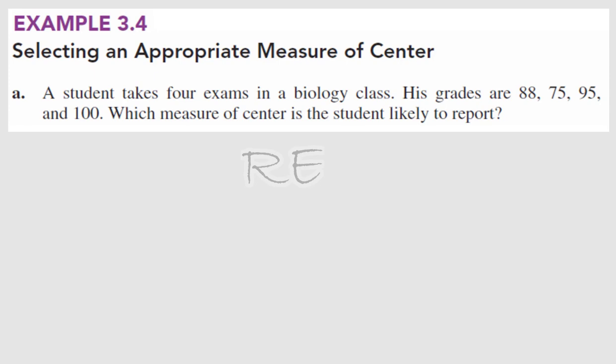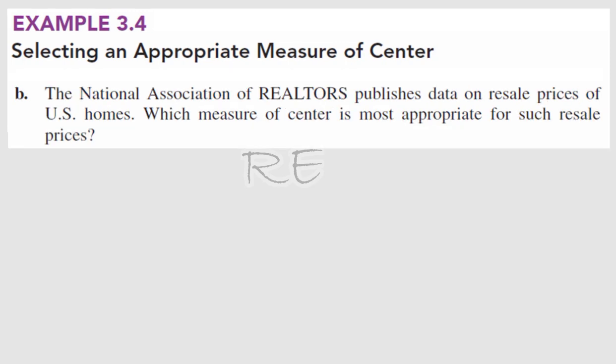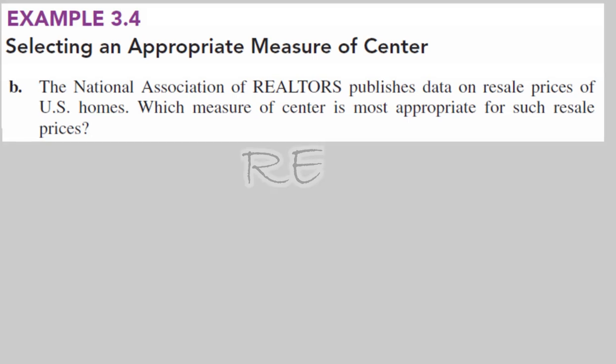If you take 4 tests, the appropriate measure of the center that is commonly used is the mean, the average of all the scores. Realtors use the median on resale prices of U.S. homes because the median is a resistant measure.